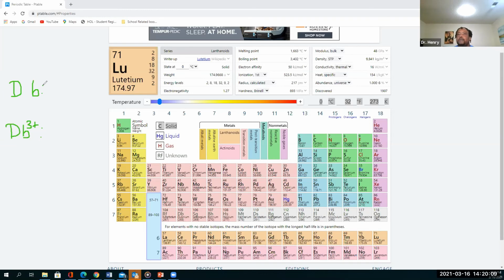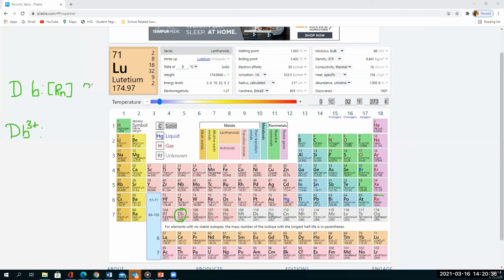Okay, so if we're doing Db, what is my core, my noble gas? Radon. Okay, so Db is located here. So we have radon, and then 7s2, and then 5f14.